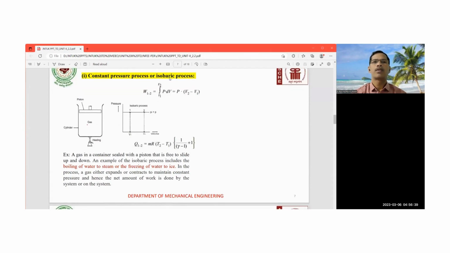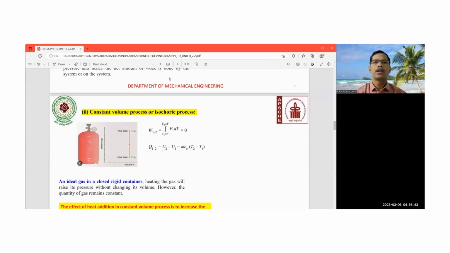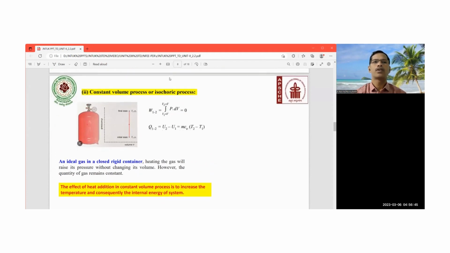This is the constant pressure process or isobaric process. Next one is the constant volume process or isochoric process. Here the gas is getting expanded from initial state 1 to final state 2.